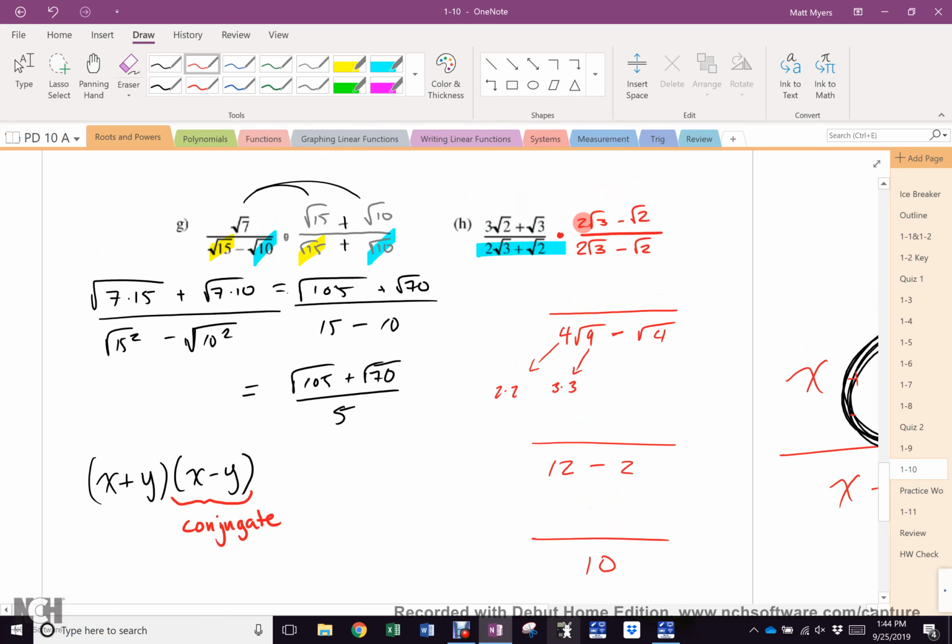Do I have to do all 4 up here? Yes. What is the first one? 6 root 6. What is the second one? Minus 3 root 4. What is the third one?